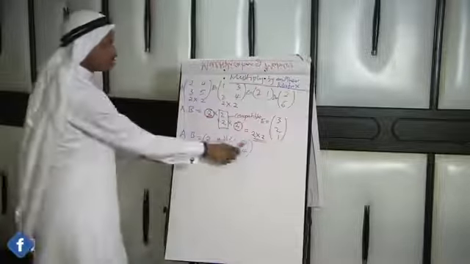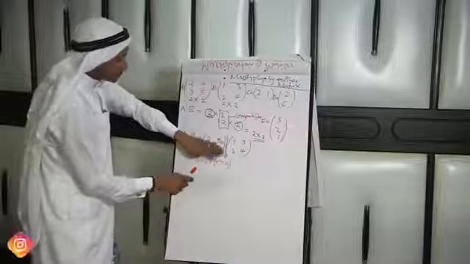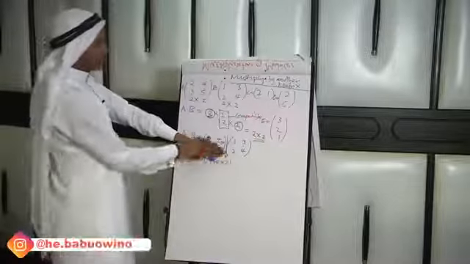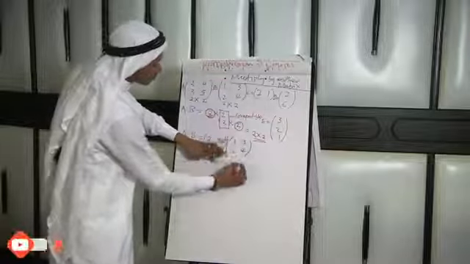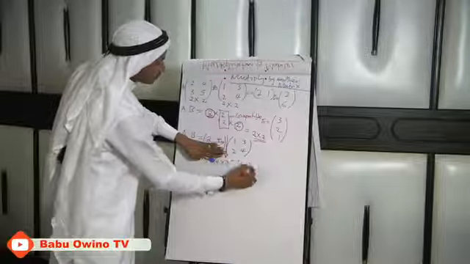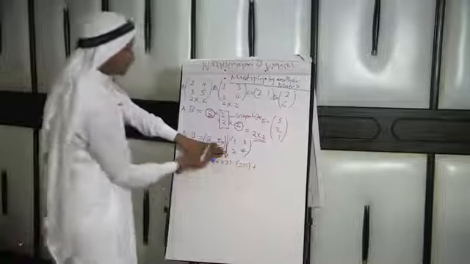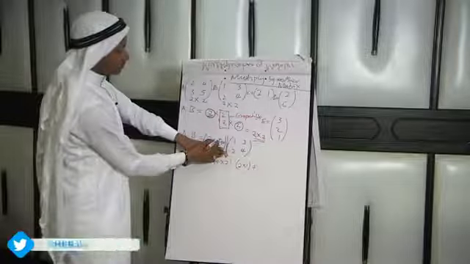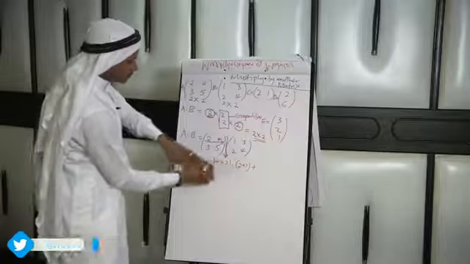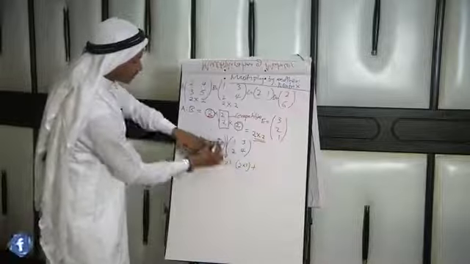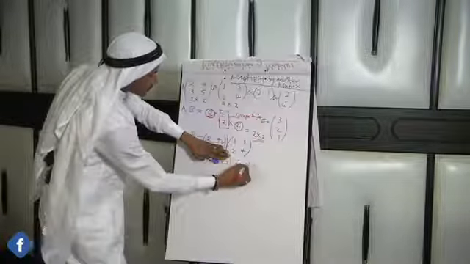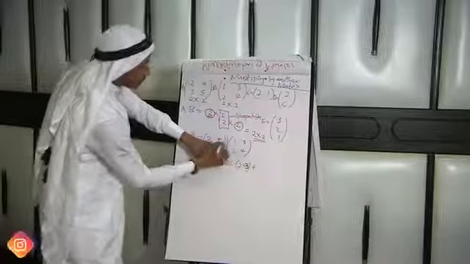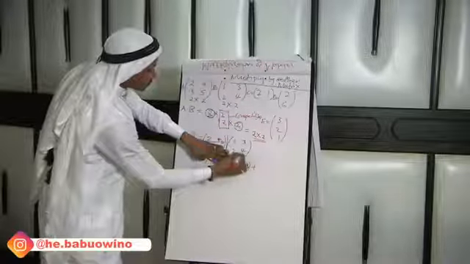Then you go to the next one here. You can cover this. The next one, 2 times 3 plus 4 times 4.